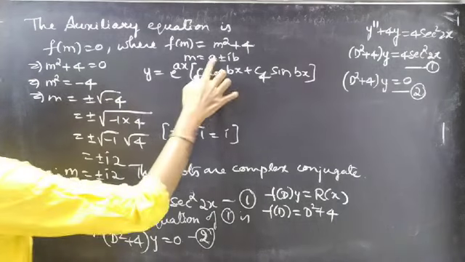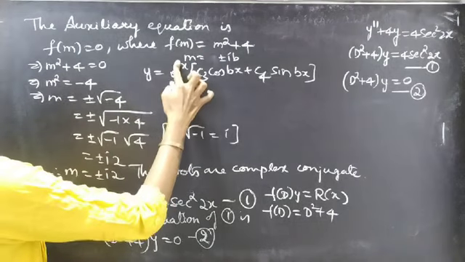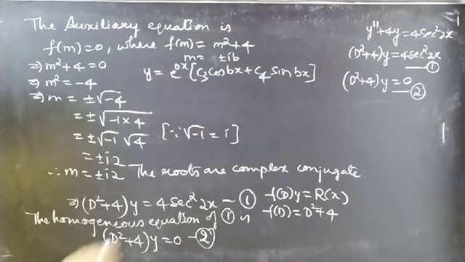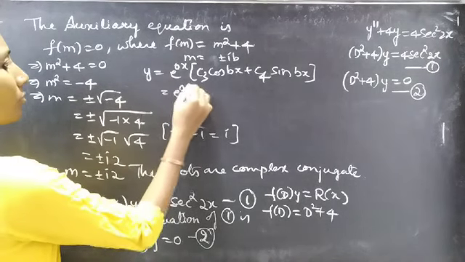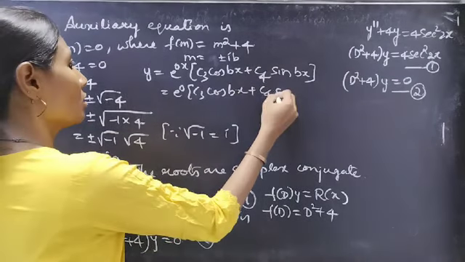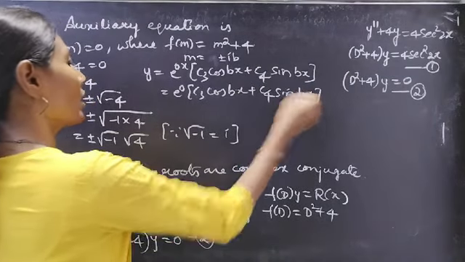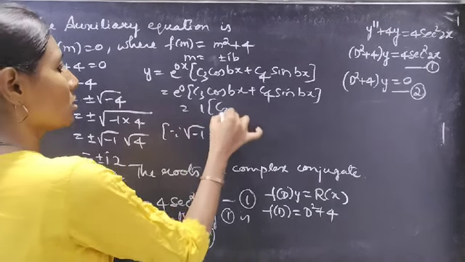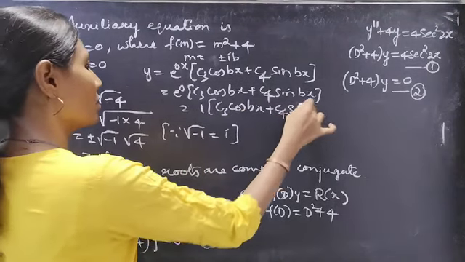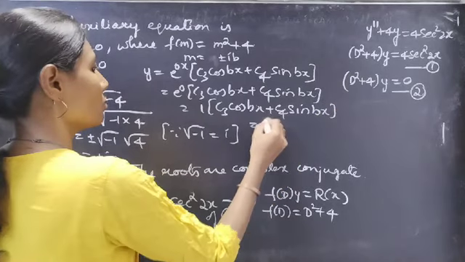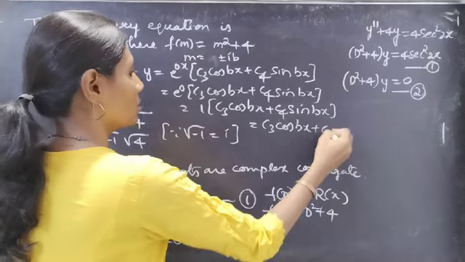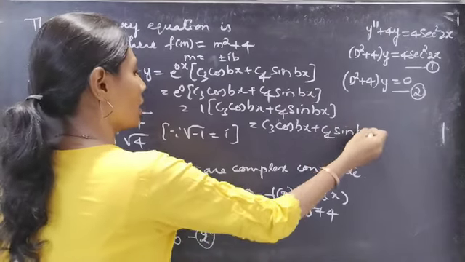In case of a equal to 0, we'll get e power 0 into x, which is e power 0, right? Since we know that e power 0 is 1, so we'll get 1 into c3 cos bx plus c4 sin bx, right, which is equals to c3 cos bx plus c4 sin bx.